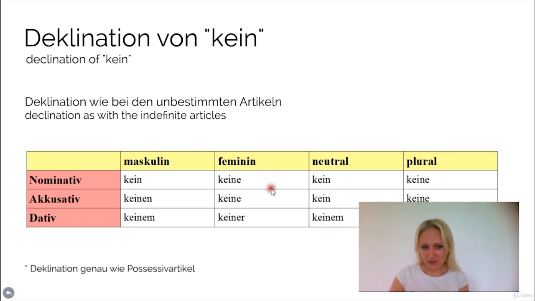Of course, it depends on the verb or the preposition that you use whether you use the word kein in the nominative, accusative, or dative case. Just keep this in mind. The declination is exactly the same as for the indefinite articles in German. This is what we use in order to negate a noun. If you want to completely negate a noun, you use kein.